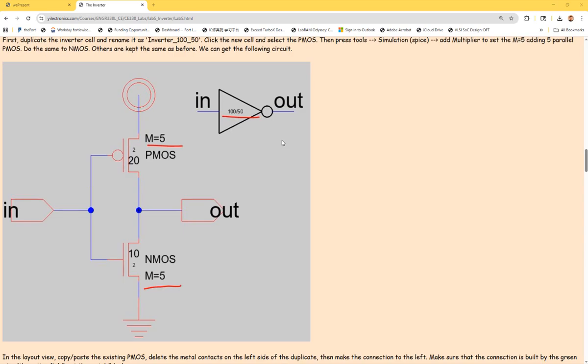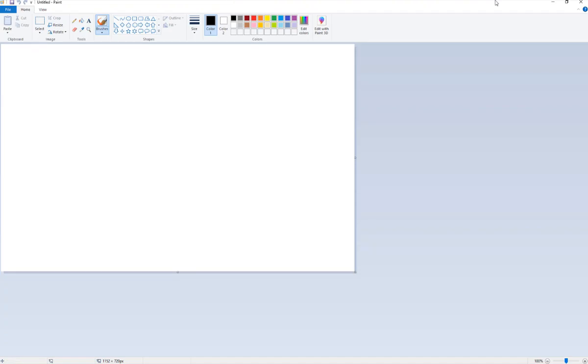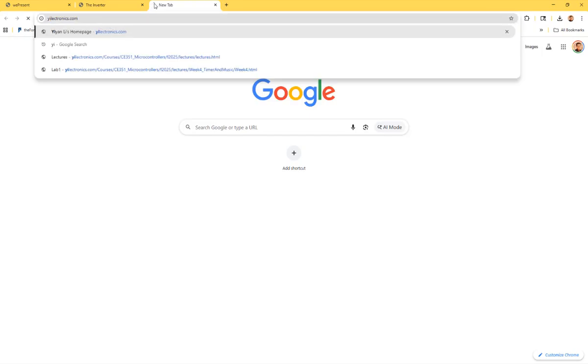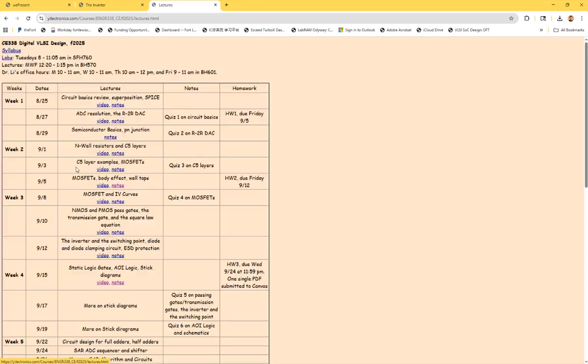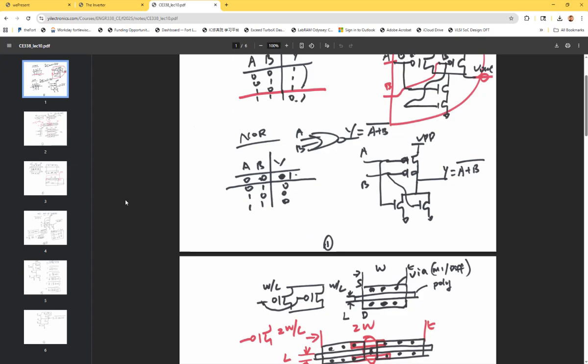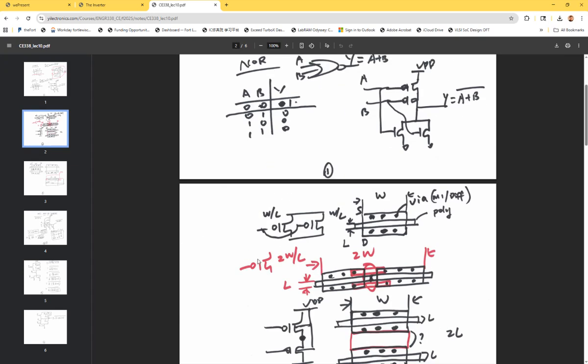Remember, yesterday in the lecture we covered this structure. It's probably better to just show you the notes. Remember I showed you this?